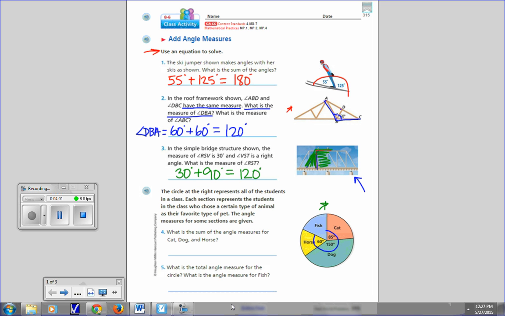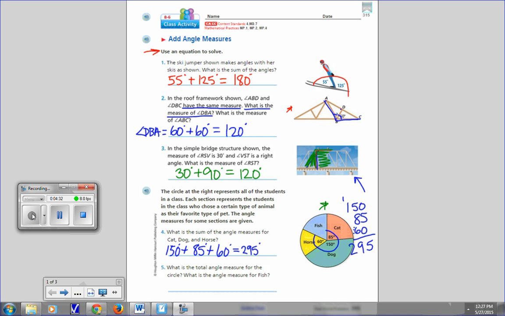So the sum of those angles would be 85, 60, and 150. So if I was writing an equation, I would do 150 plus 85 plus 60, and these all should have a little degree sign, equals 295 degrees.